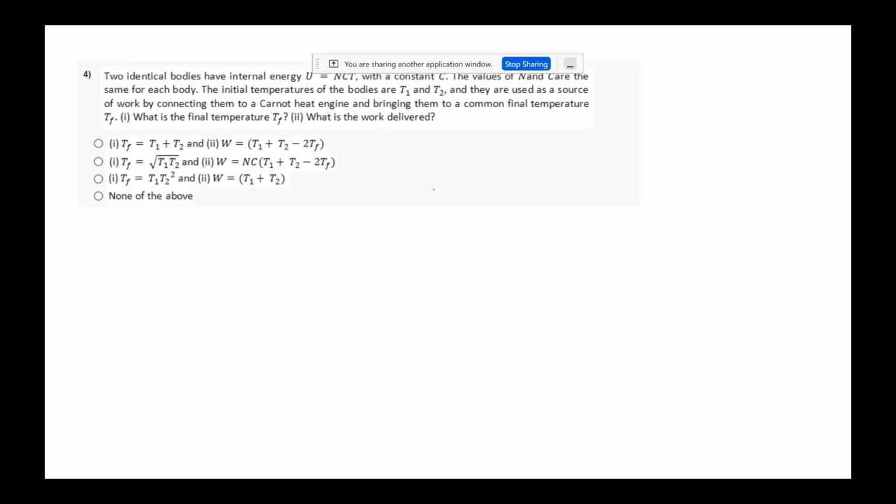Now this question says two identical bodies have internal energy U equal to NCT with constant C. The values of N and C are the same for each body, meaning same material, and C means heat capacity. The initial temperatures of the bodies are T1 and T2.